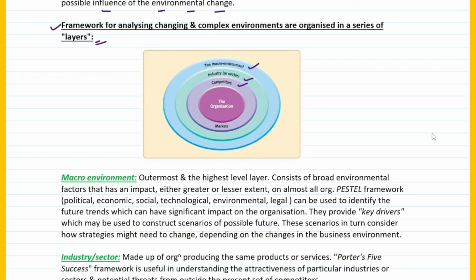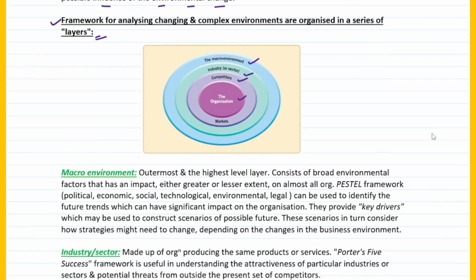And finally, the innermost layer is the organization. So the framework for analyzing changing and complex environments is divided into layers: the macro environment, that is the broader picture, the industry or sector the organization belongs to, competitors and the organization.